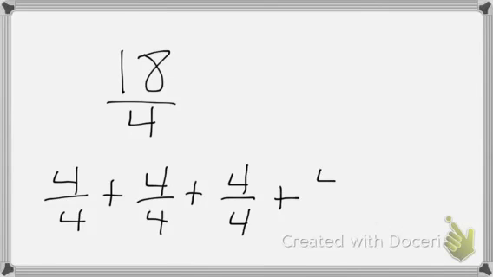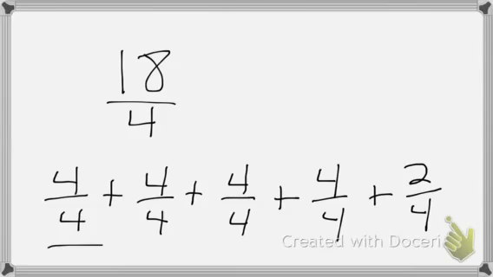Yep. Another 4/4. That's 16/4. And then how many more to get to 18/4 from 16/4? There would be 2/4 left. So what you have here is 1, 2, 3, 4, and 2/4.